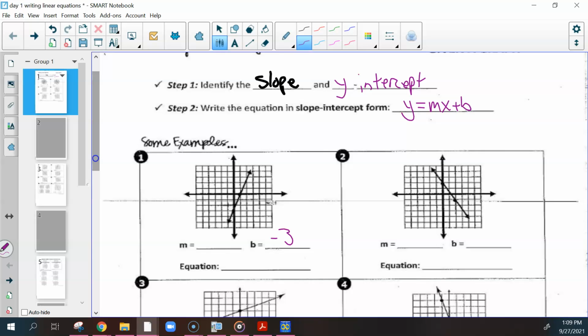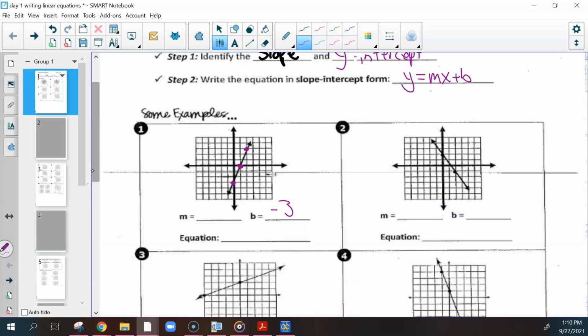So this one, I can start with the y-intercept. There is another point drawn on there, right there, but you also could have chosen this point right here because it goes through the background grid lines exactly. As long as you find 2 points that cross the grid lines exactly, it's fine.